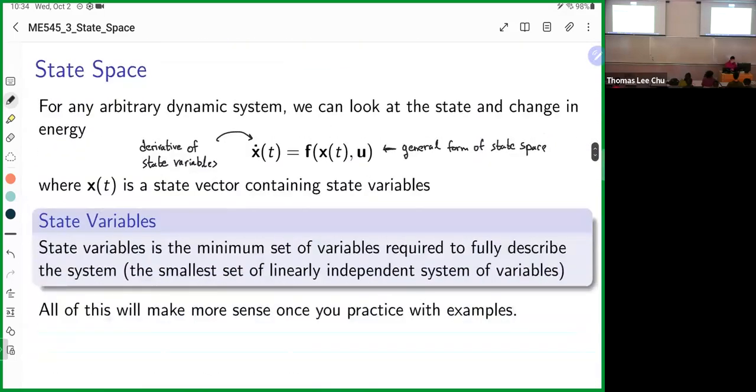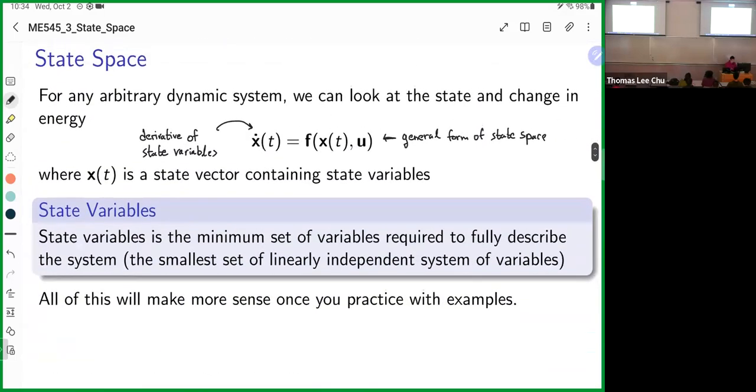Basically, for any arbitrary dynamic system, we can look at the state and change in energy. Think of state space as how we transfer energy from one state to another state, which we then use to project the future states.